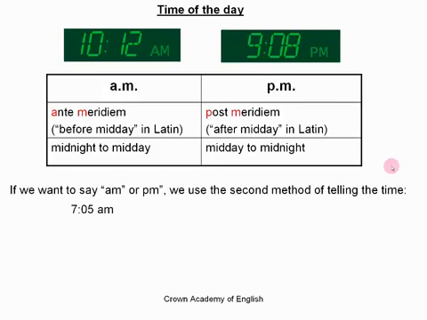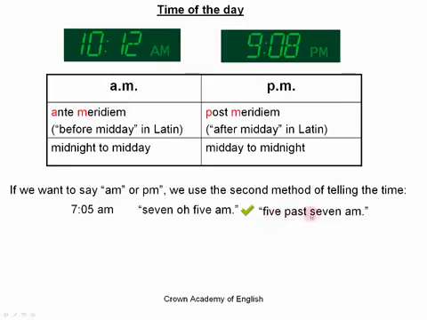Example. If this is the time, then when we say this time, we say 7:05 AM. That is correct. But we do not say 7:05 AM. Okay?